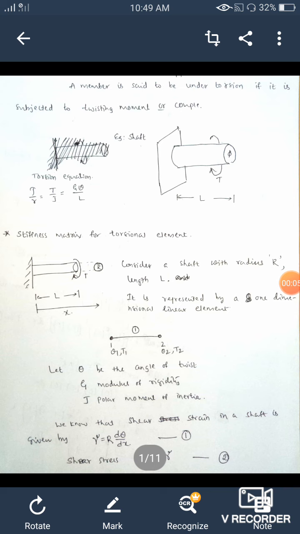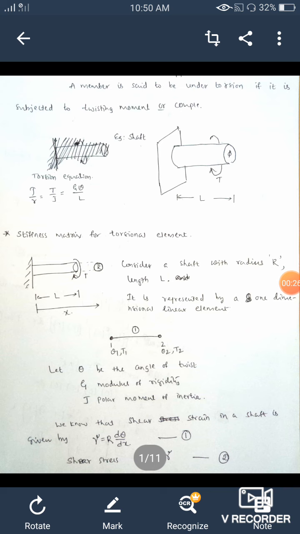So, I am discussing the torsion of a shaft. You already studied beams. As I explained in beams, at each node there are displacements.